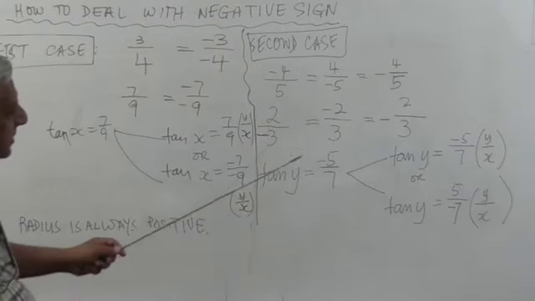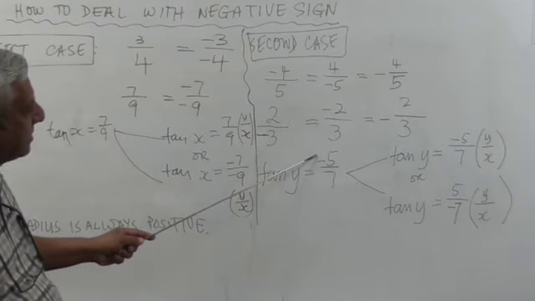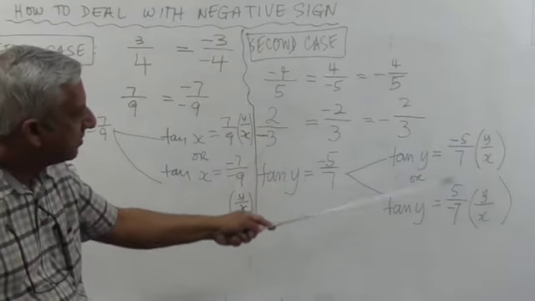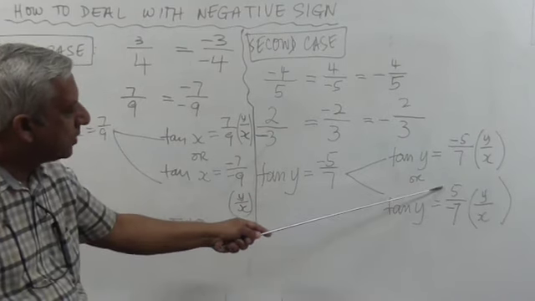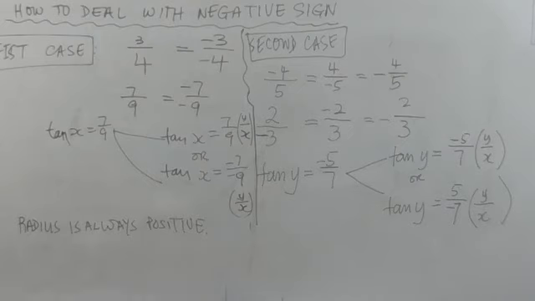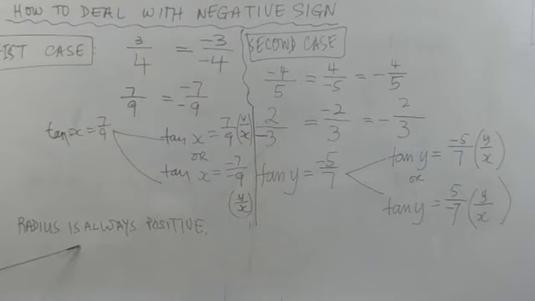Here the y is negative, the x is positive. Here the y is positive, the x is negative. So you must know how to deal with these negative signs. Alright? And remember that radius is always positive.